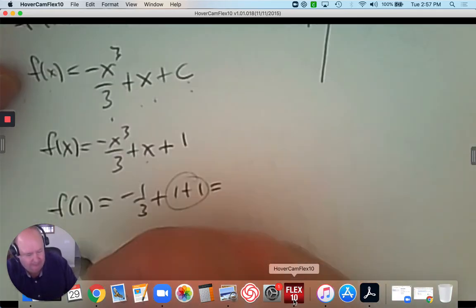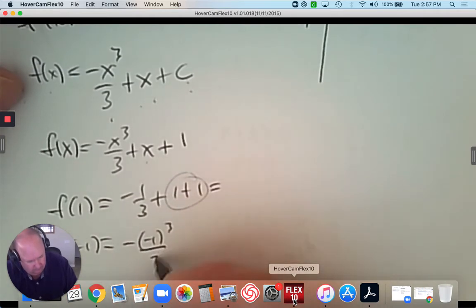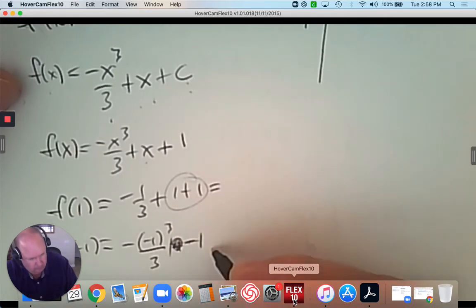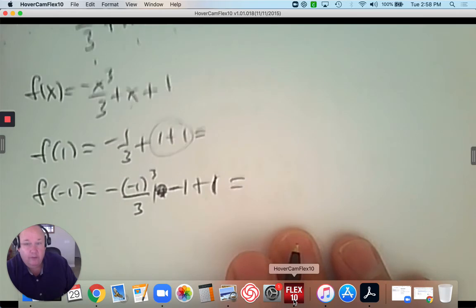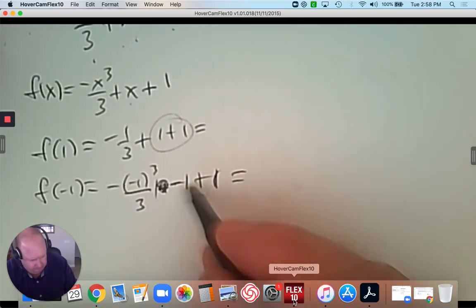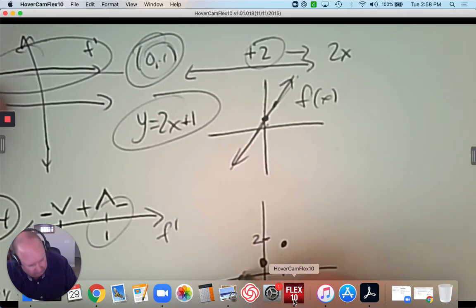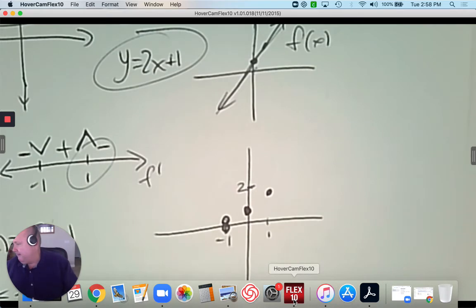If I plugged in negative 1, you can end up with a negative 1/3, so this is actually just a little bit above. So negative 1 and just a little bit above, right?